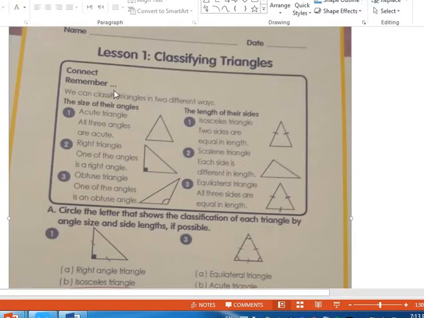So remember that we can classify triangles in two different ways: the size of their angles and the length of their sides. As I told you, in acute triangles all three angles are acute.